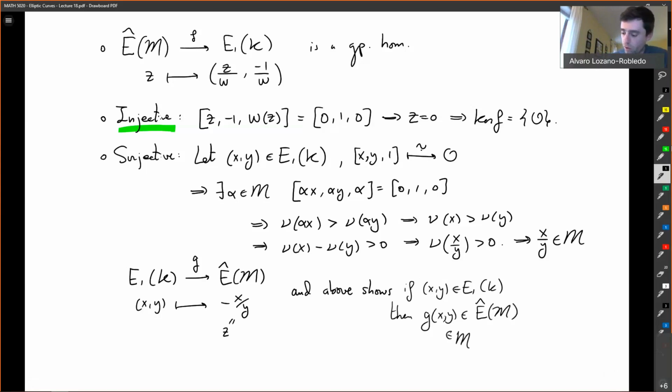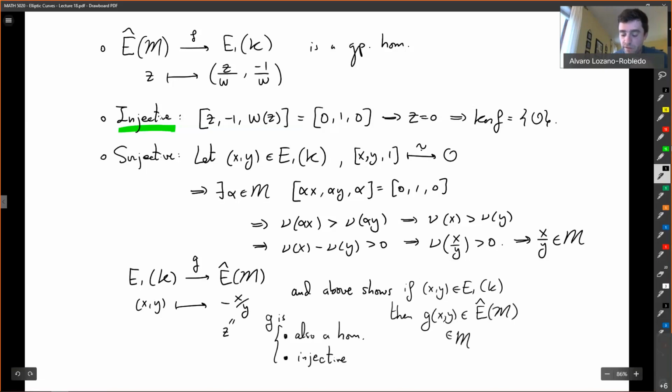So this is also a homomorphism, again, by the same reason as above, because again, the z addition on z values was defined to be the addition on K on E, which is in this case the same as the addition in E1. So G is these things.